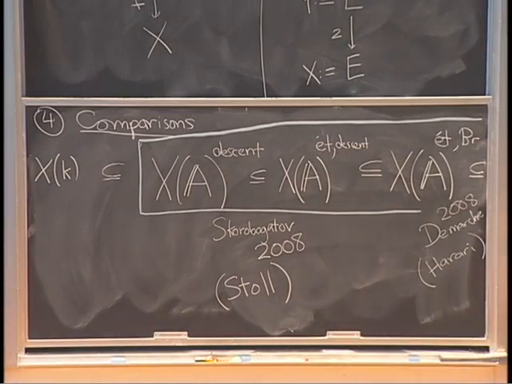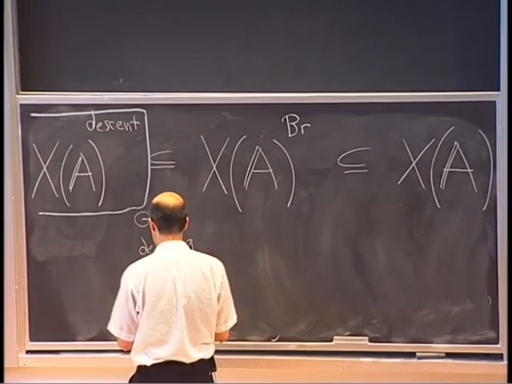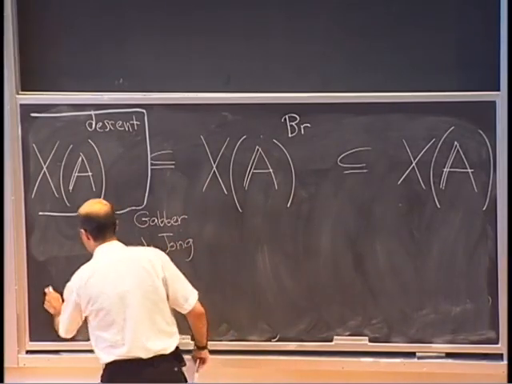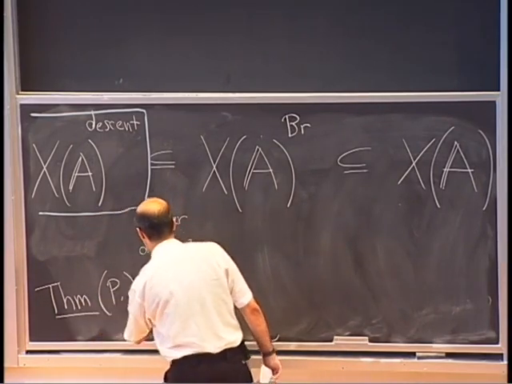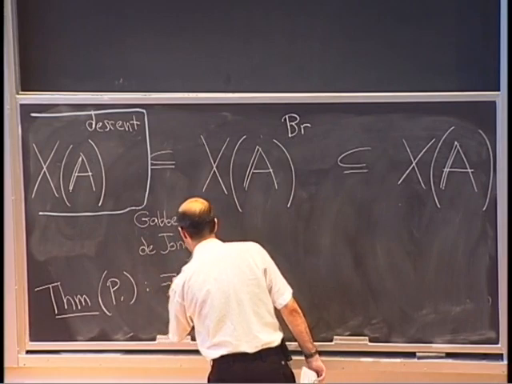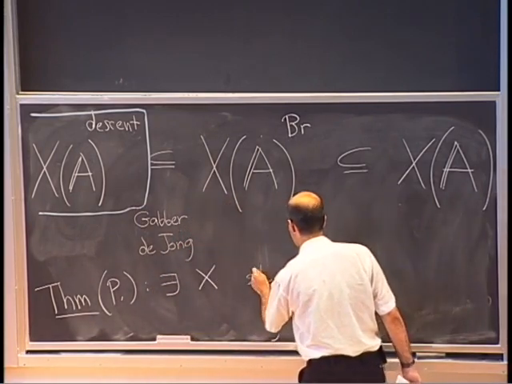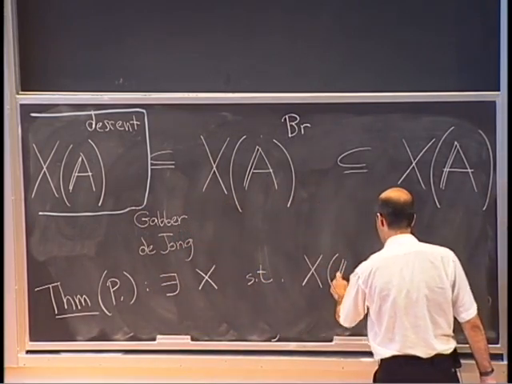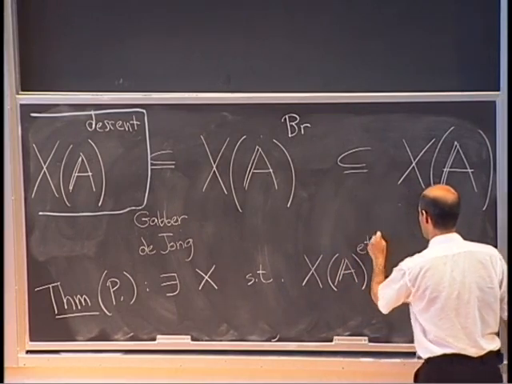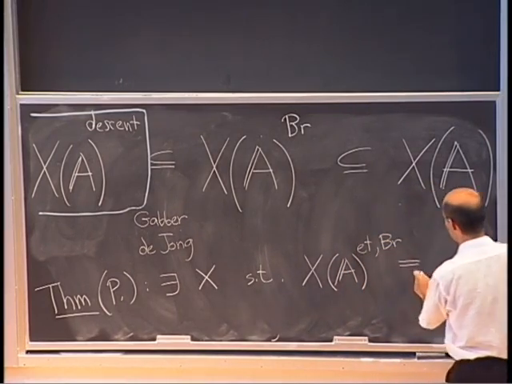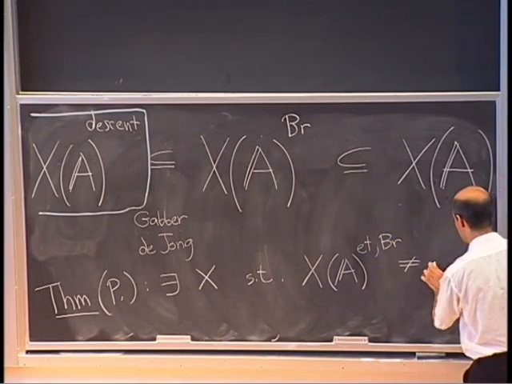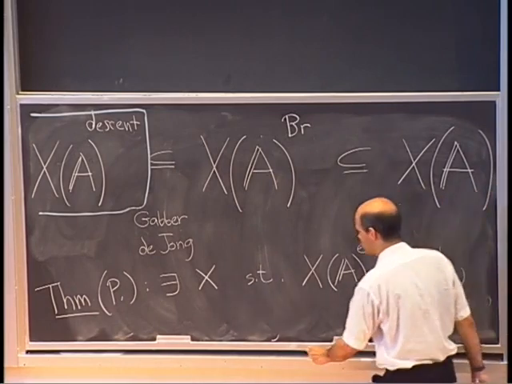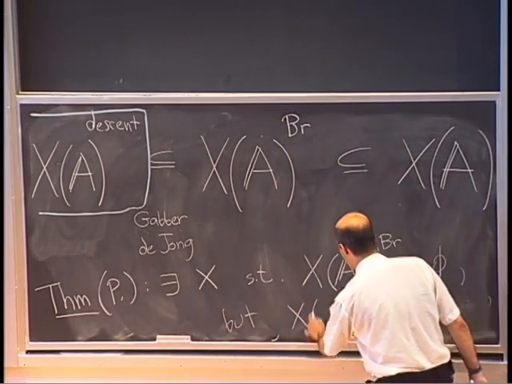All right. I'll write this down as a theorem maybe in a second. So the theorem is that there exists X such that you don't get any obstruction from the étale-Brauer. The étale-Brauer obstruction does not rule out rational points, but nevertheless, there are no rational points.